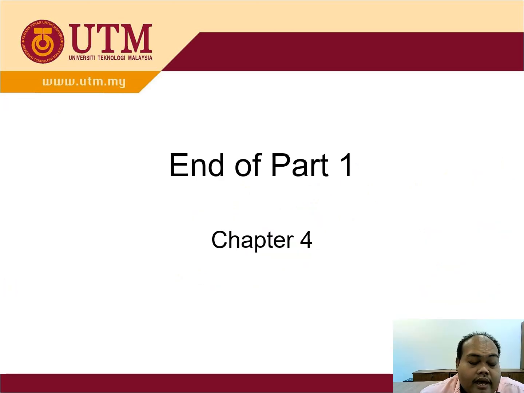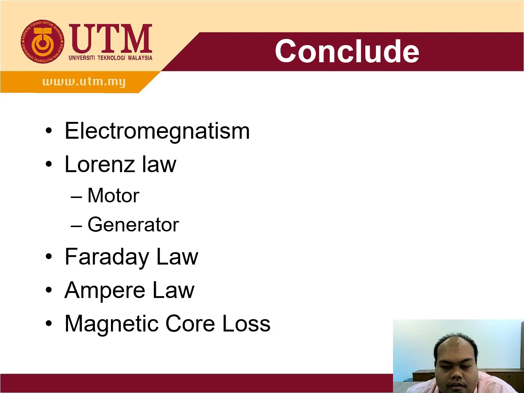That is the end of the theoretical part, which is part 1. There is also some theory in the next calculation part, but I will show you that in the next class. So what we can conclude today is the first part is electromagnetism, how it is produced.